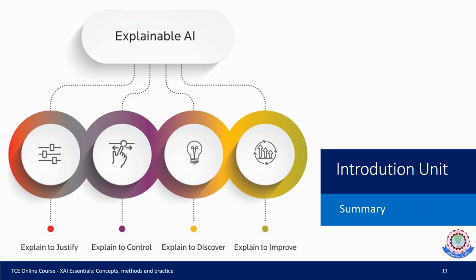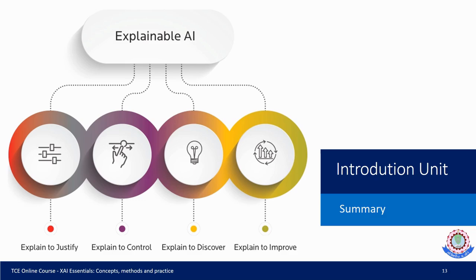Okay, now I want to move into a conclusion of this introduction section. We have seen so many things in the introduction: the introduction of machine learning, what is interpretability, the trade-off between interpretability and accuracy, what is a black box model, what is a white box model, everything.